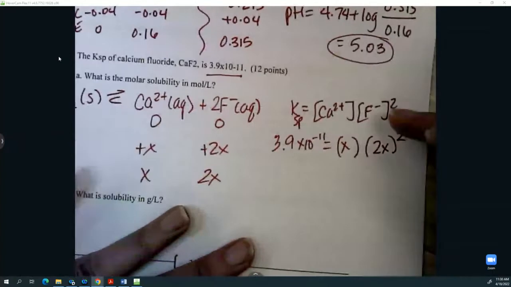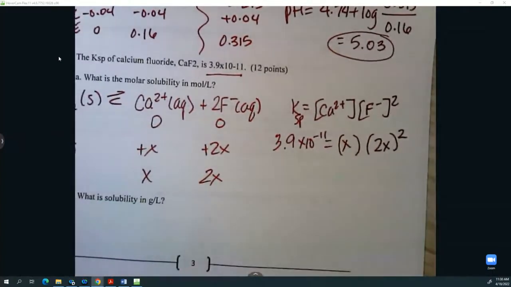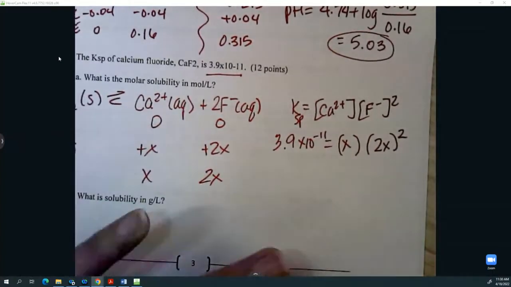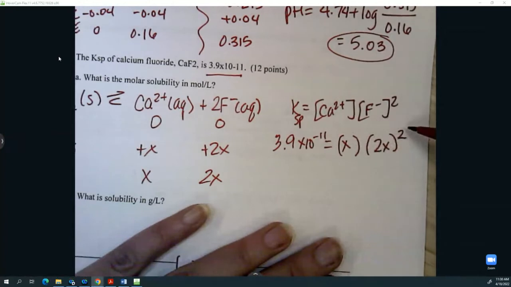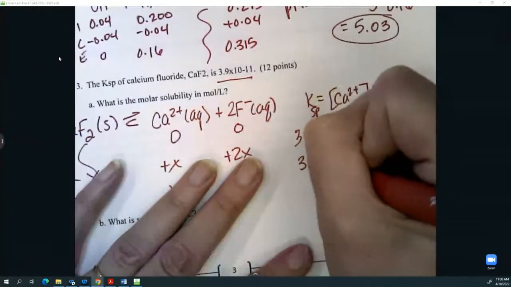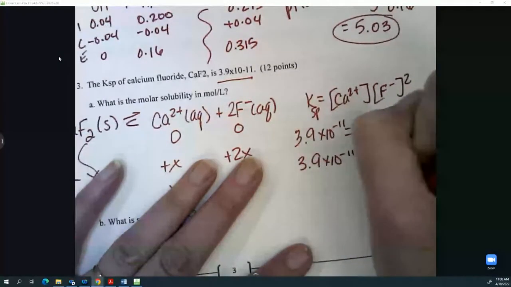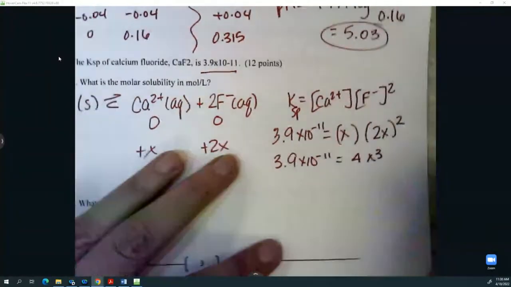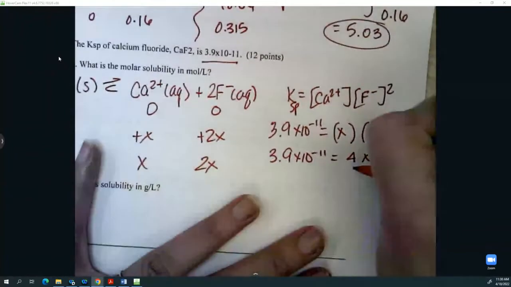So I just need to take care of this business over here. Remember, the square is like 2 squared and X squared, and there's another X. So this all comes out to 4X cubed.